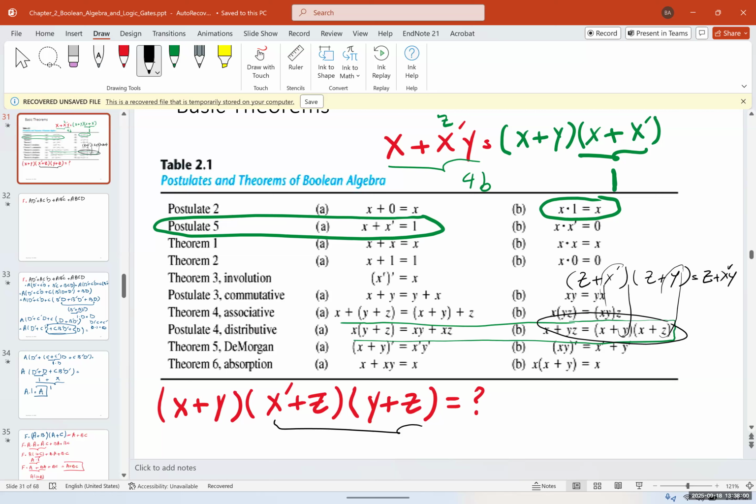And the answer to these two is going to be z plus x prime y. Am I correct? So using the distributive law, I can write it like this. The answer to this part is going to be z plus x prime y. Am I correct?